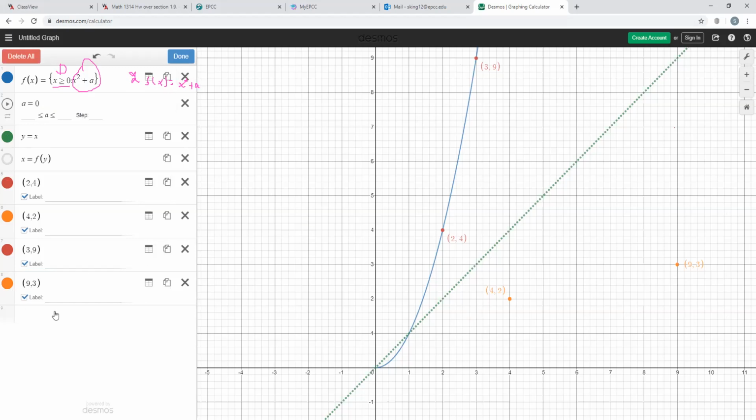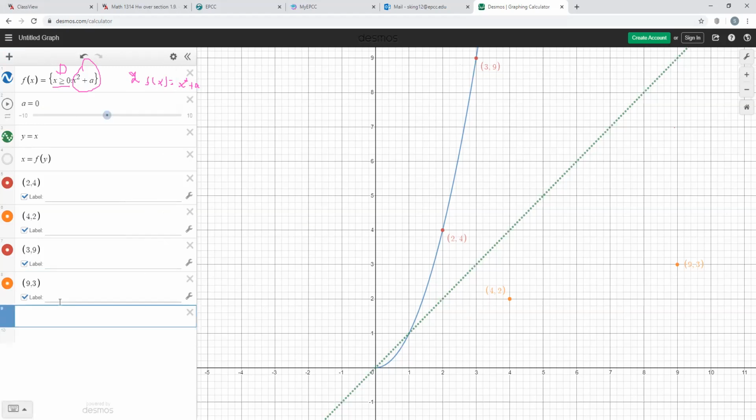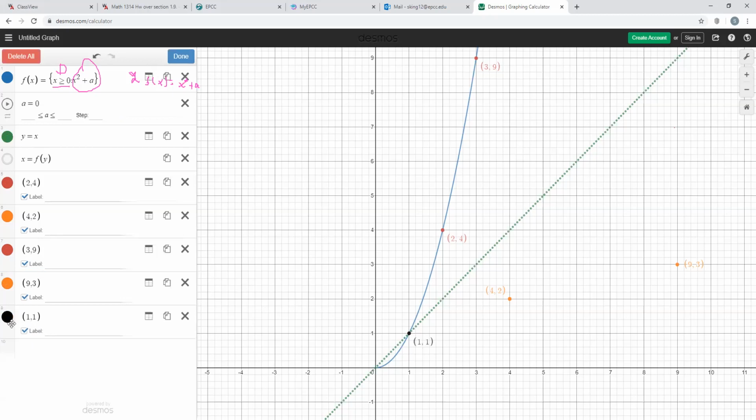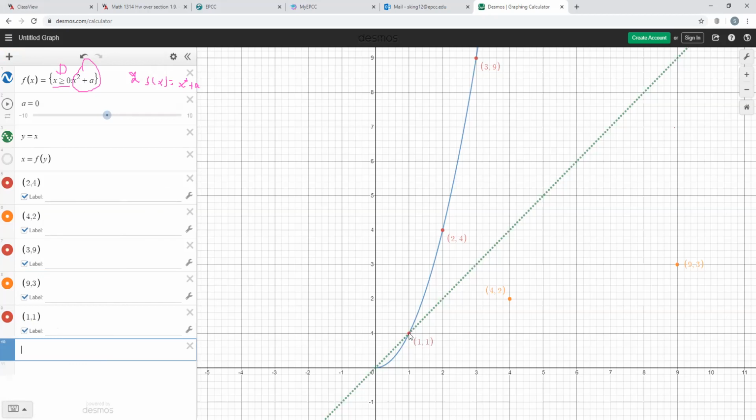So that's why 1, 1 is on the graph of x squared. Say I put it in red. Well, when you invert 1, 1, that's kind of interesting because since they're both the same numbers, when you invert them, they're still going to be 1, 1.